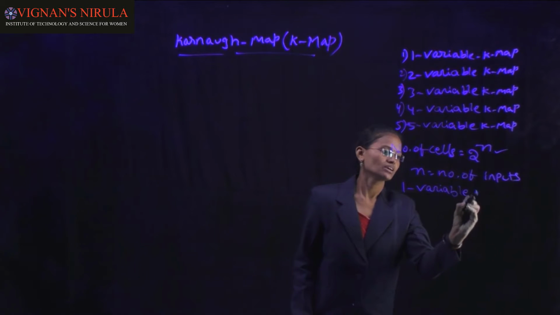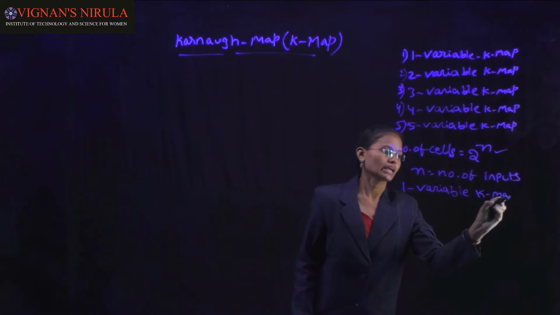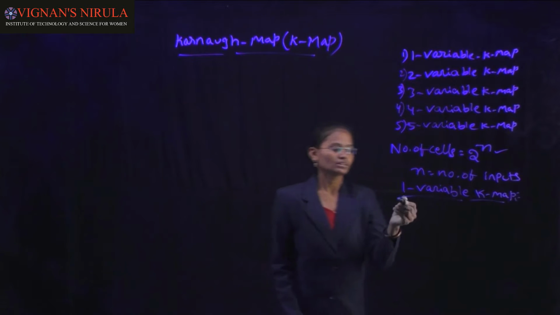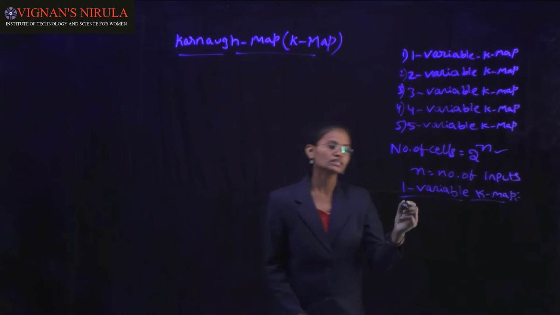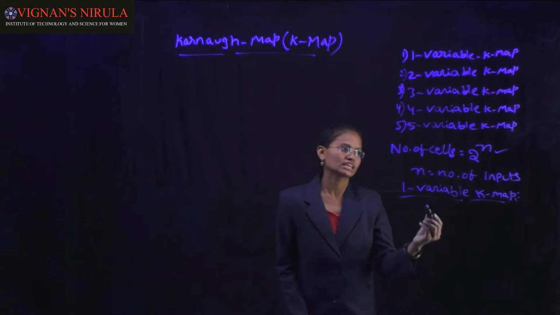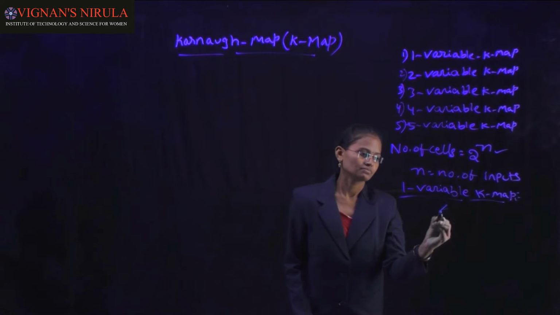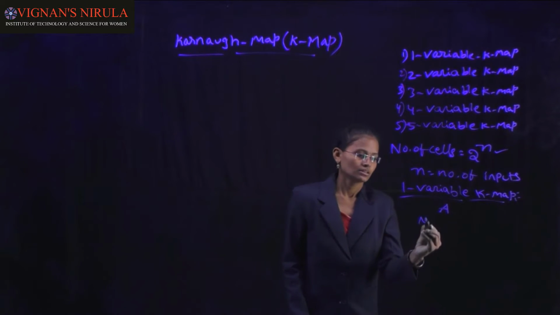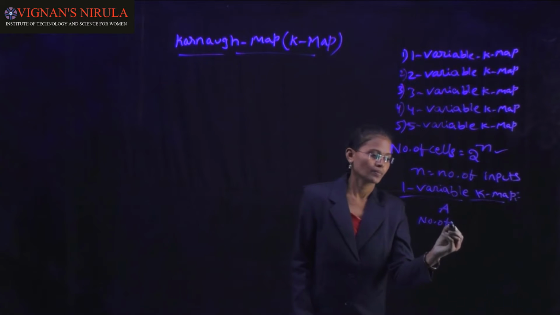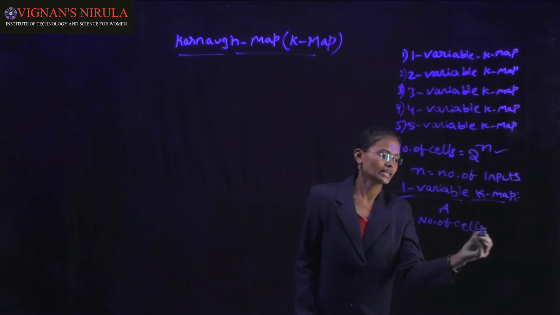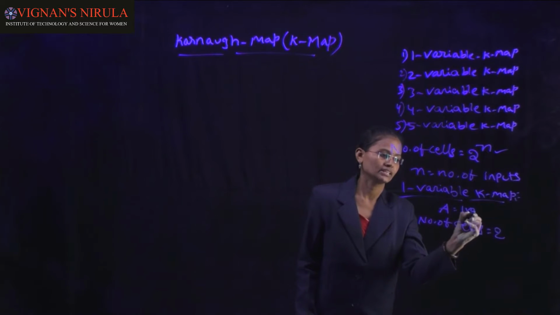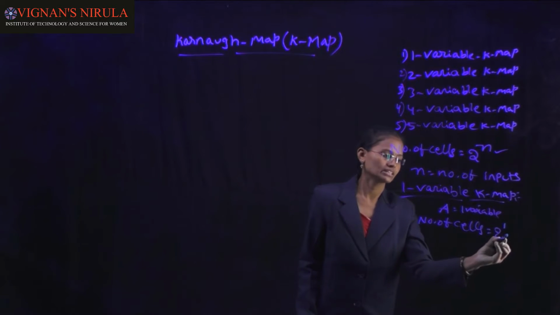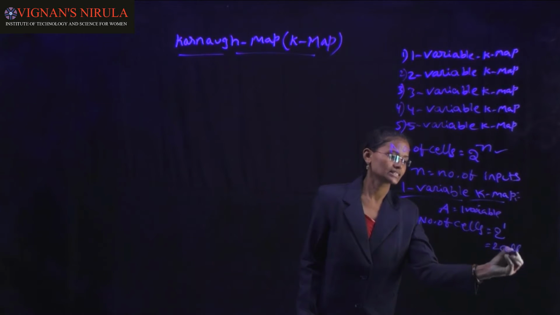First see the one variable K-map. Here we consider the one variable as A. How many cells? Number of cells equals 2 power of 1, that is 2 cells.